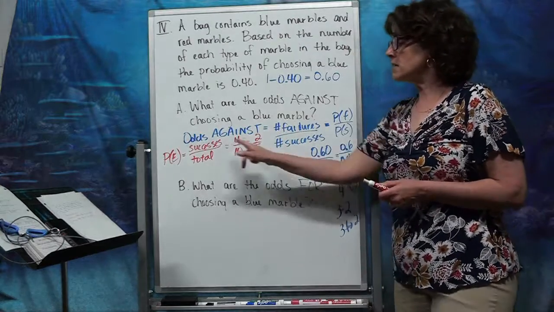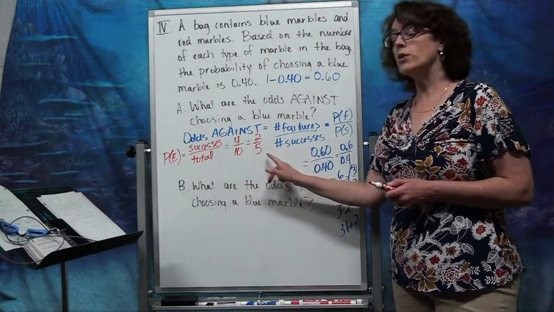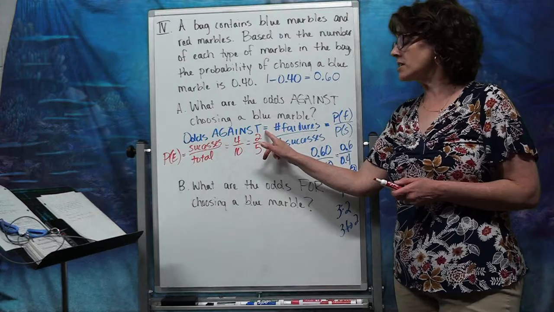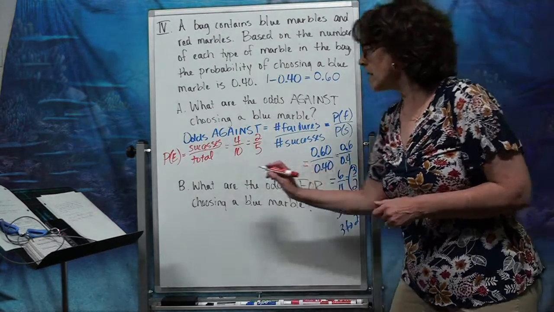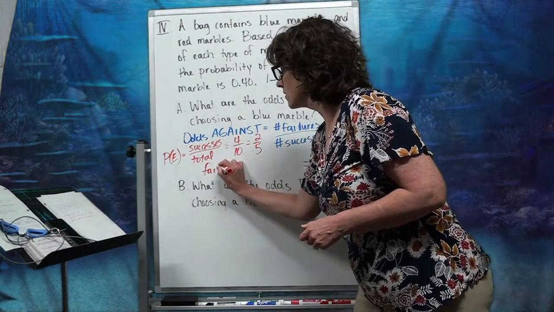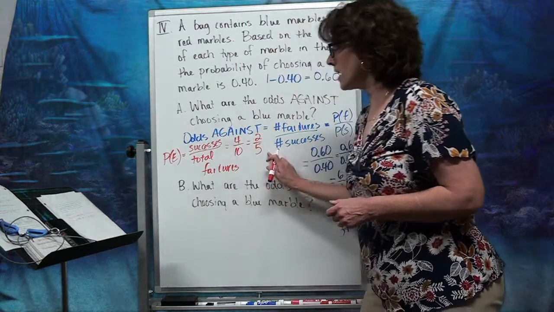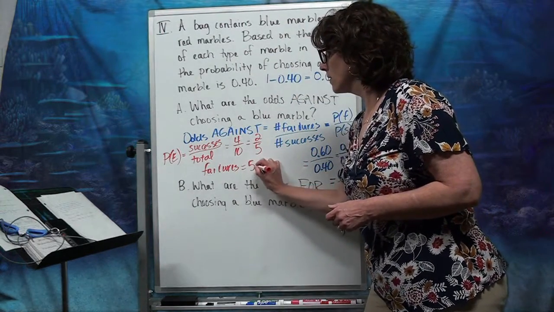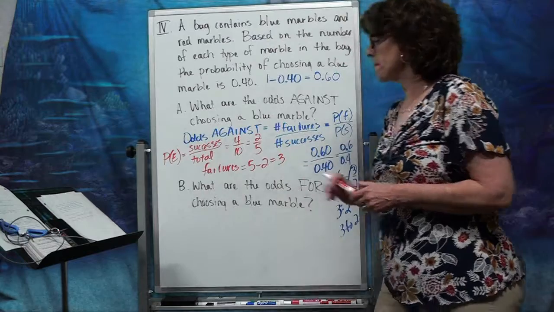So that tells me my successes is 2 and my total is 5. If I have 2 successes and 5 total, then my failures, if I take 5 and subtract 2, is 3.